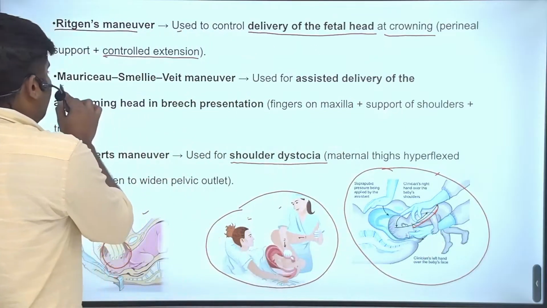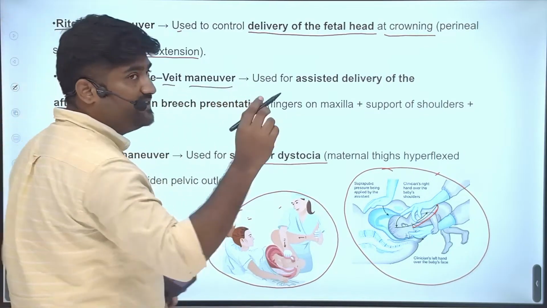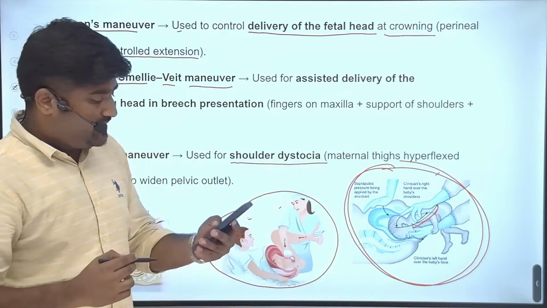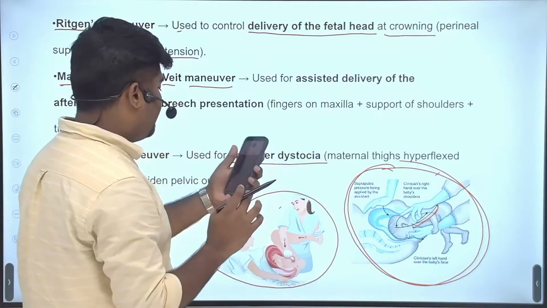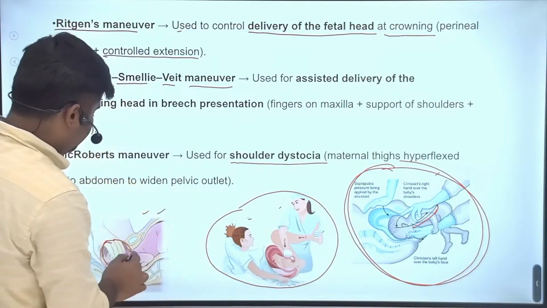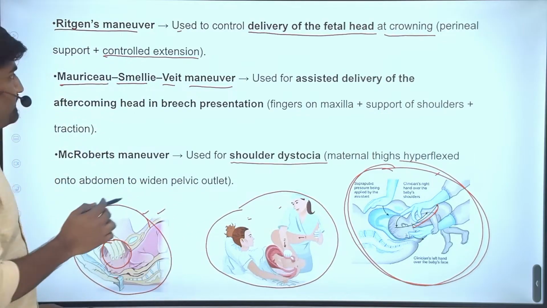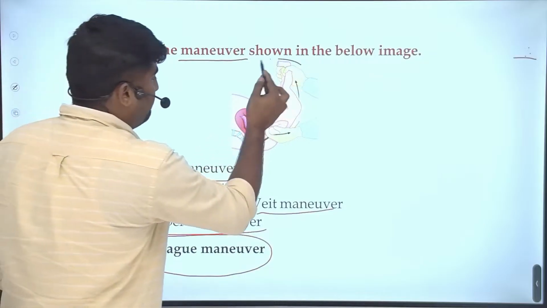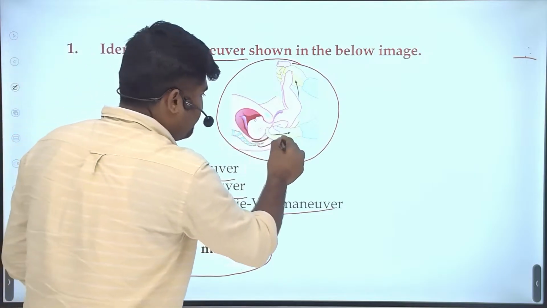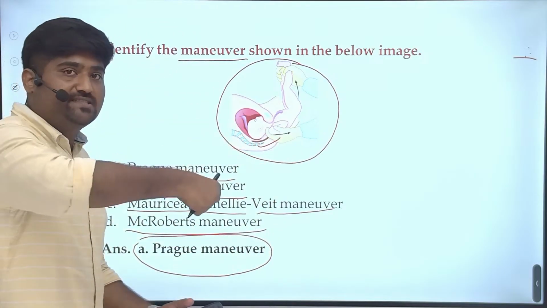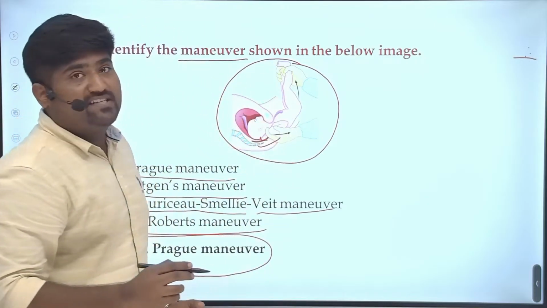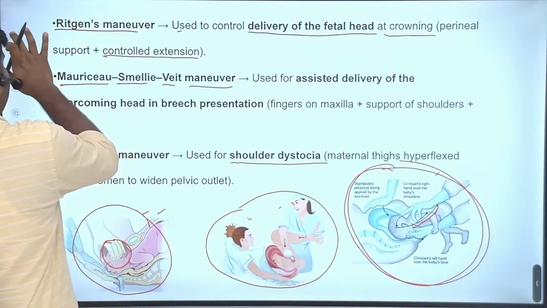This is the Mauriceau-Smellie-Veit maneuver. Always remember, 2 persons are involved during the delivery. That is the important thing you should note here. Is it clear? Okay. First is the Ritgen maneuver. This is Prague's maneuver. During breech presentation, the fetal foot is hyperextended and delivered to the shoulder. This is called Prague's maneuver. Is it clear?